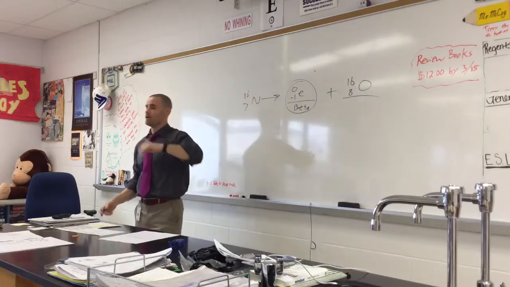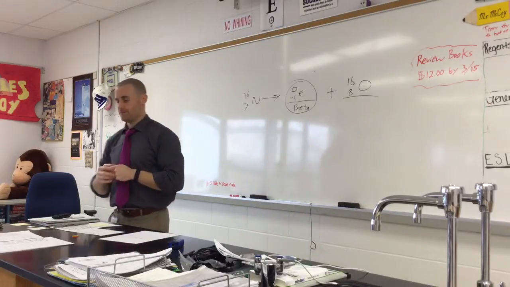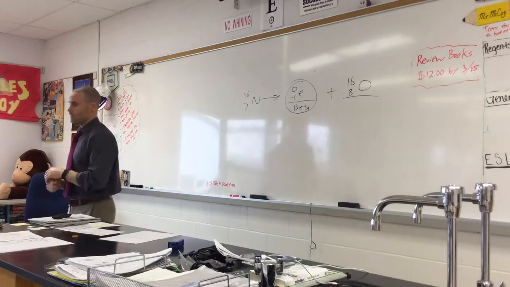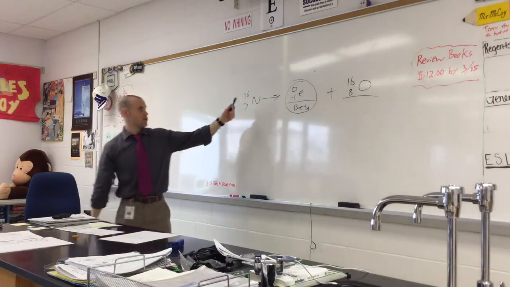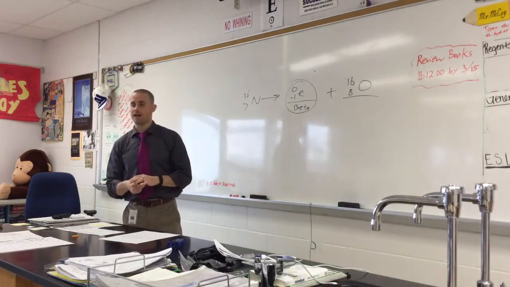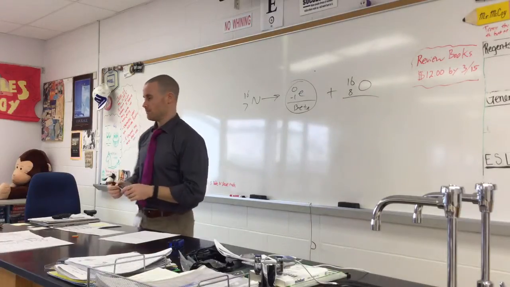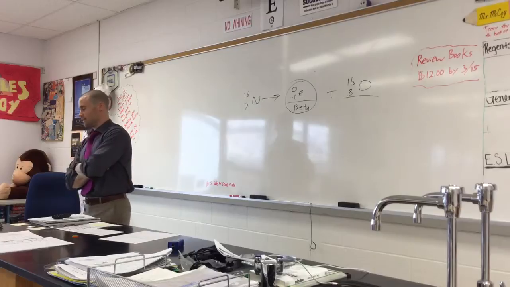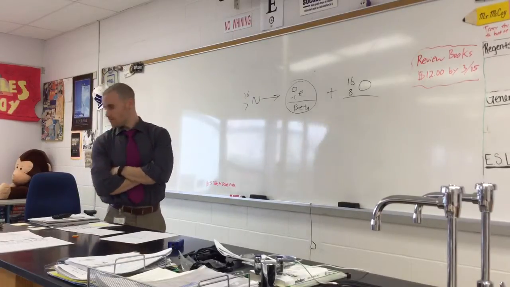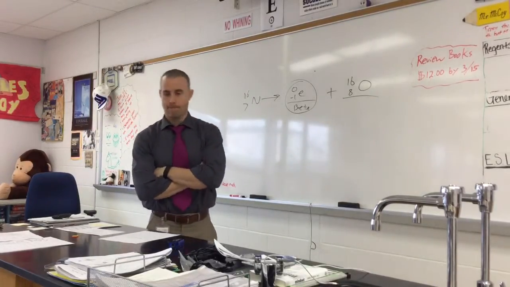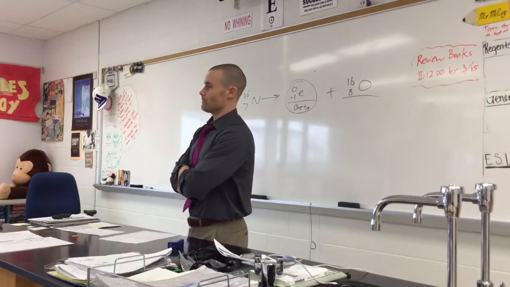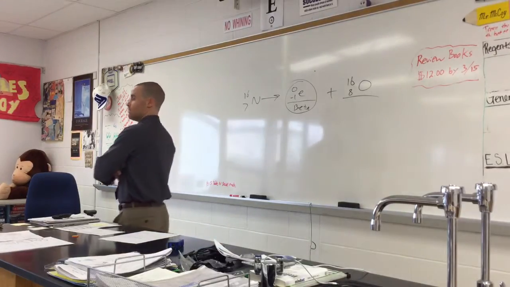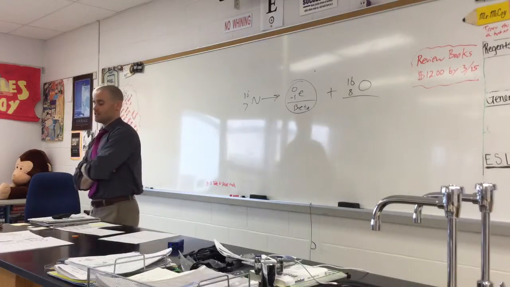Here's how you know. Go to Table N, please. This is why I had you take these out. Go to Table N. I want you to find this isotope, N-16. Find it on Table N. Everybody find N-16 on Table N. If you can't find it, please let me know. Find nitrogen 16.